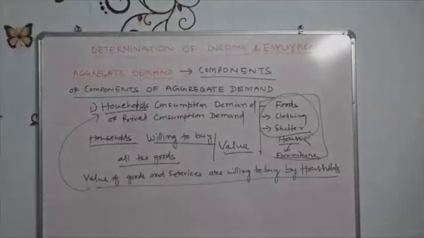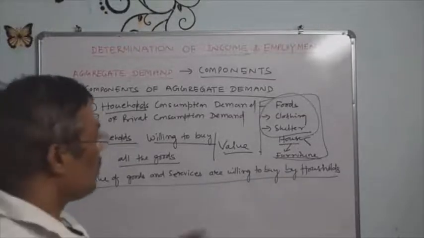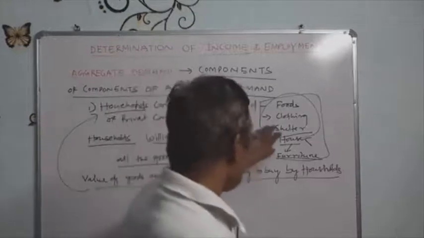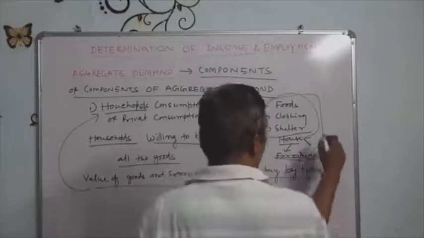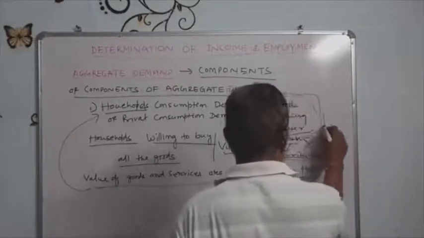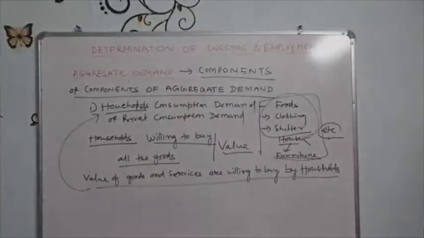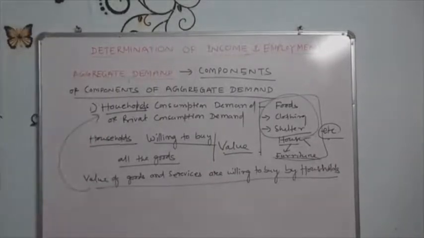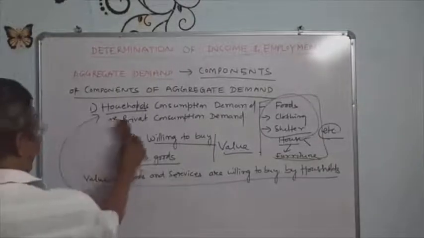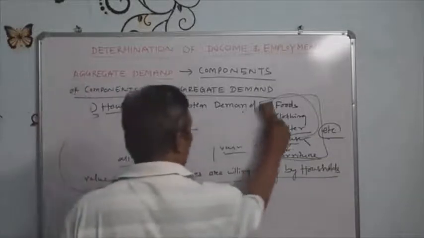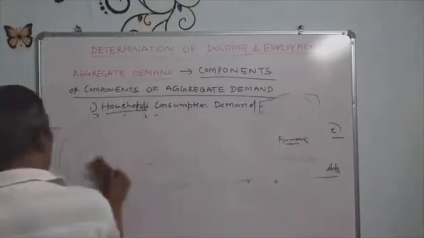Examples are food, clothing, shelter or house, furniture, etc. The first one is household consumption demand, private consumption demand or household expenditure.